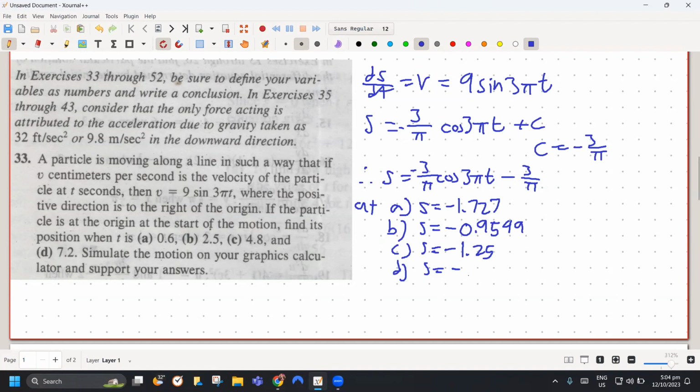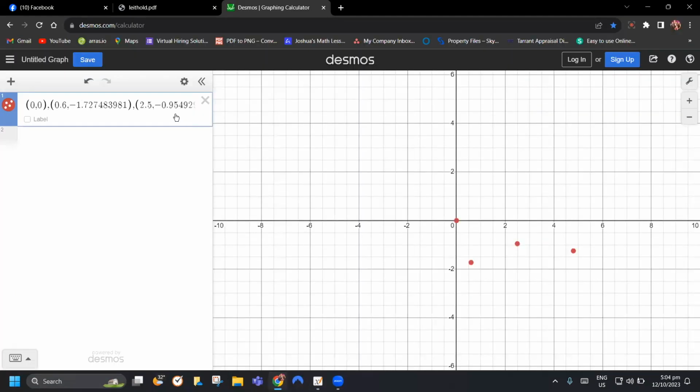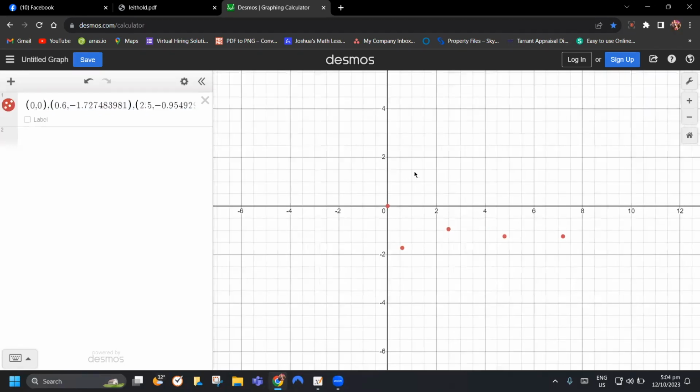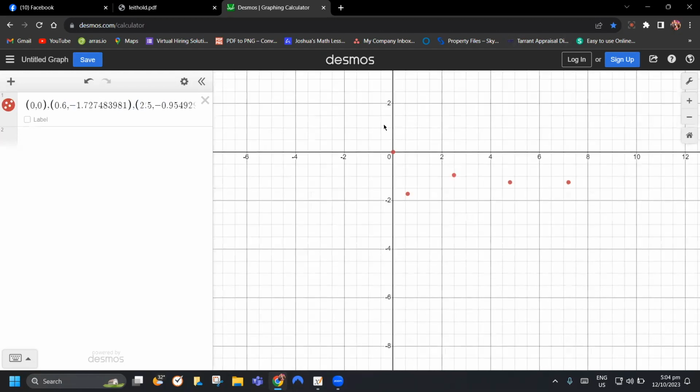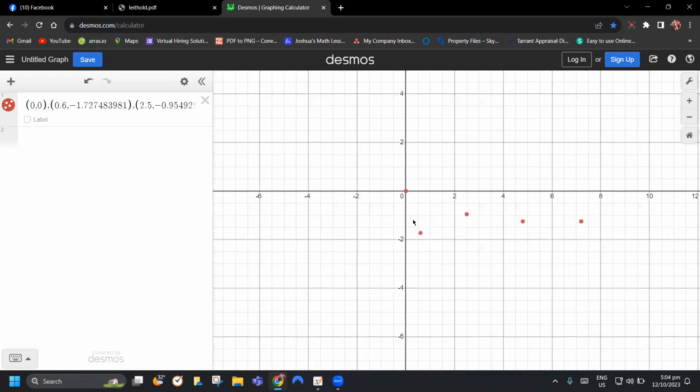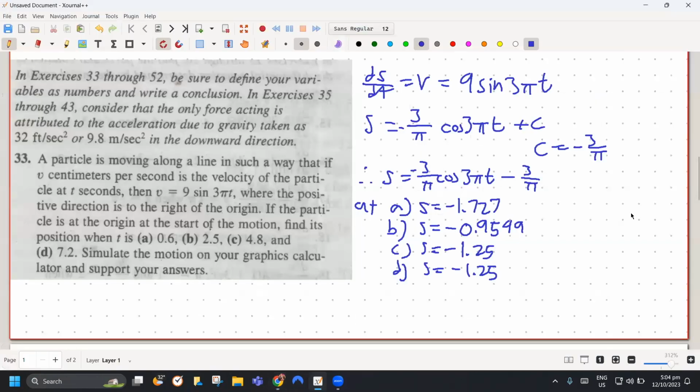So, when x is equal to 0.6, ano value? May mali talaga doon sa evaluation mo. I-graph mo yung y equals negative 3 over pi cosine 3 pi x plus 3 over pi.